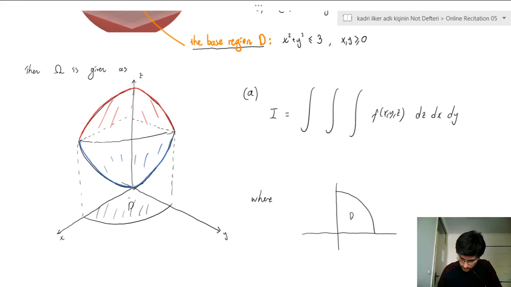Right, so this is D, and if you remember, this is just square root 3 and square root 3. The picture on the left is the whole region on which we integrate, but at the same time, we have a base region in R2. So everything is fine.